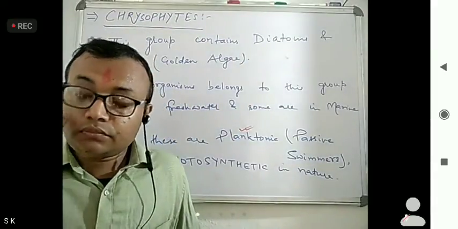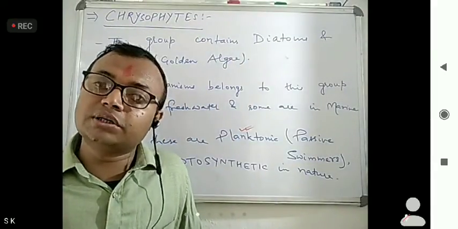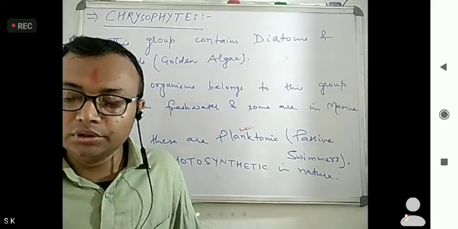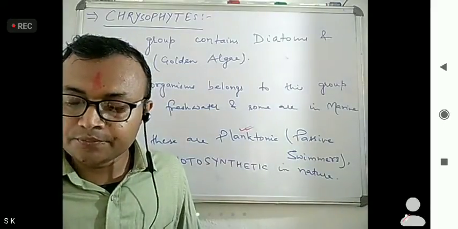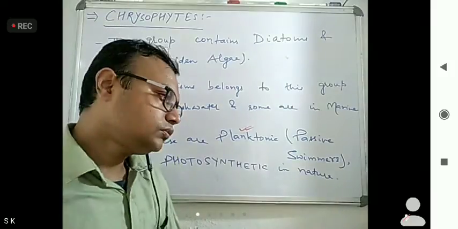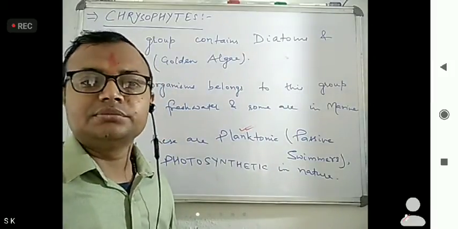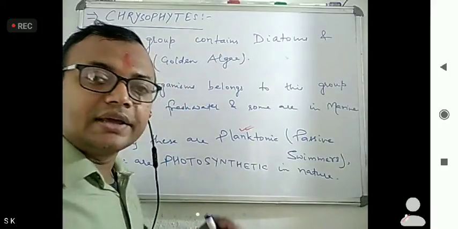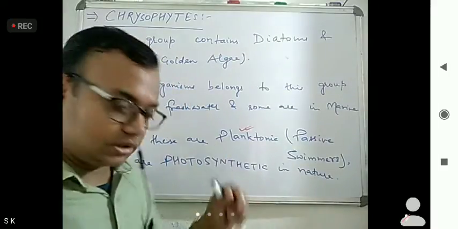So these organisms do what? Photosynthesis, making their food by themselves. So they are photosynthetic in nature. Now these diatoms contain a cell wall that looks like a soap box. Now we will see that.